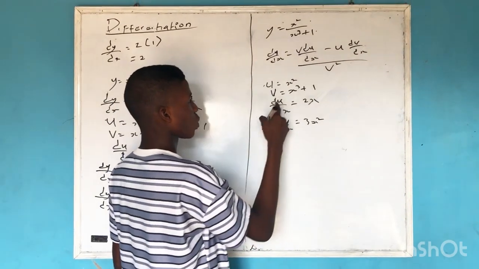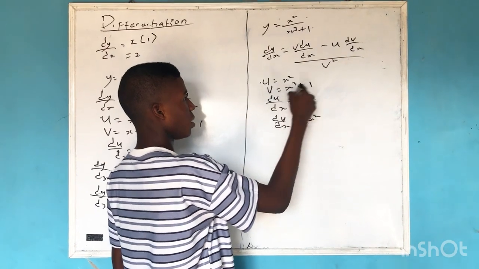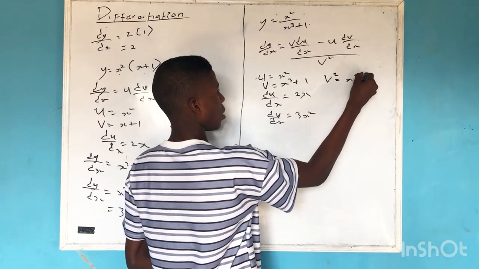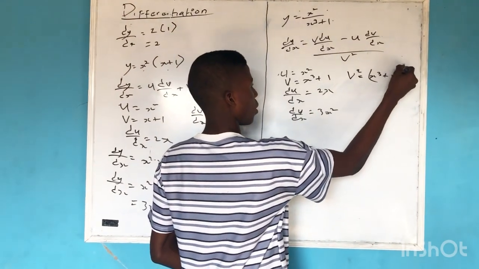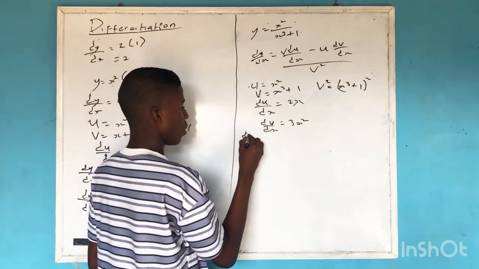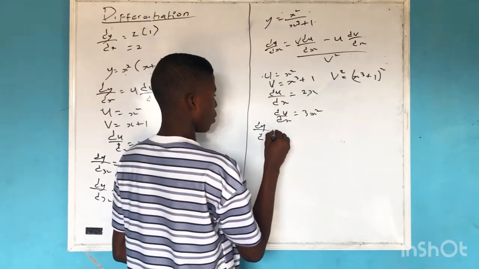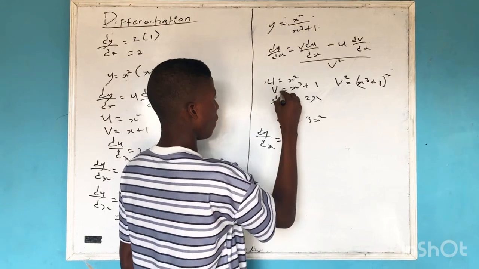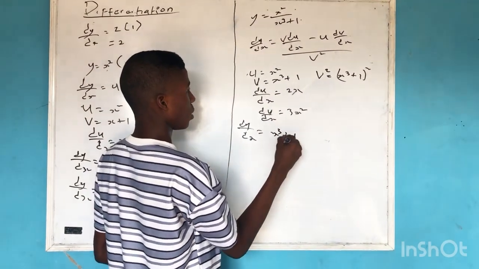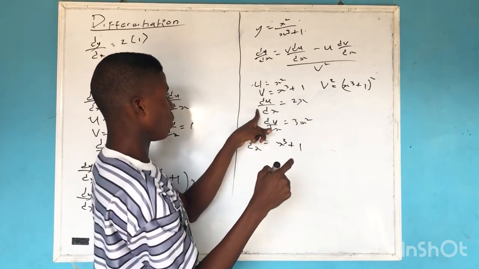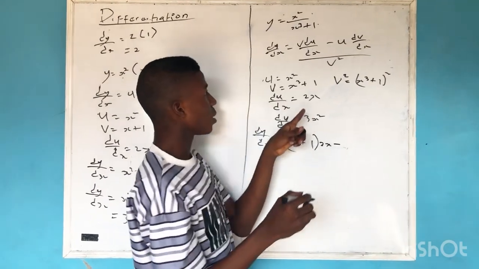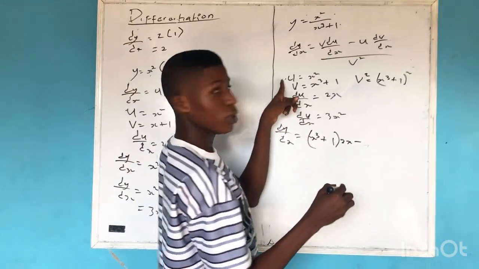Our v squared will be x cubed plus 1, all squared. So I'll just fit this all into the expression here. Then I'll have dy dx to be, my v is x cubed plus 1, times my du dx, which is 2x, minus my u, which is x squared.